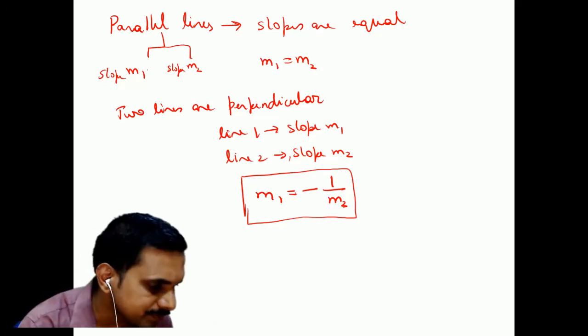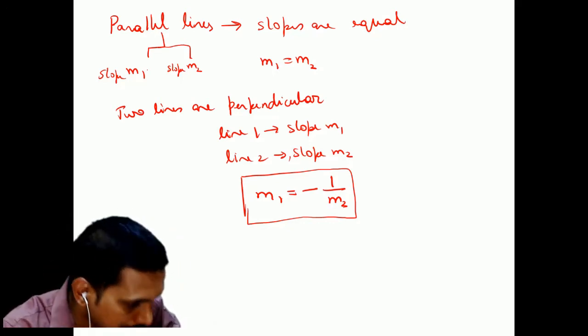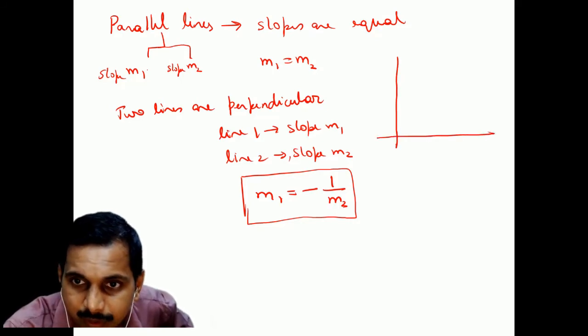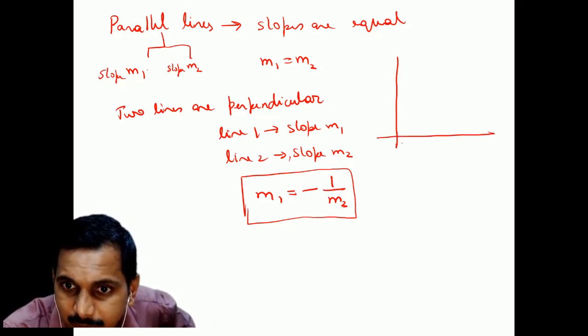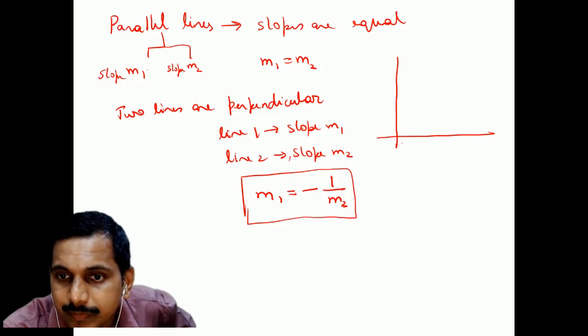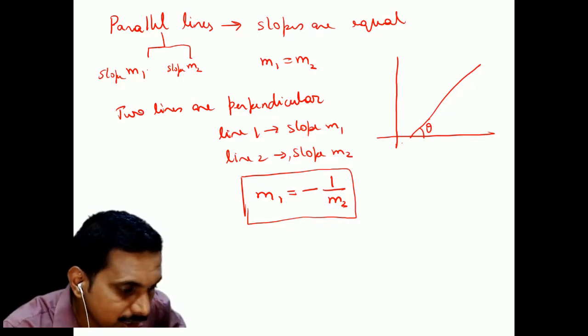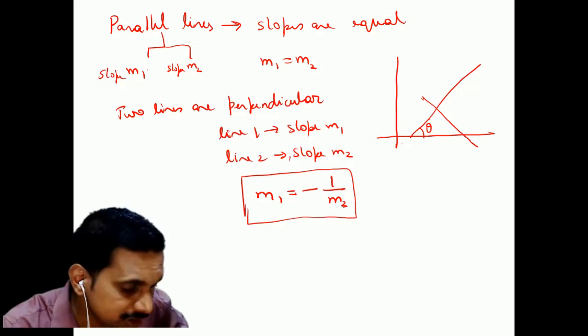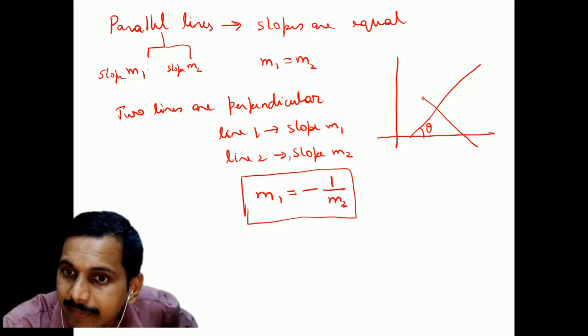Why does this happen? This happens because if I take a line, say a line here like this, which has some slope, a line like this which has a slope, say theta. Now if I consider another line which is perpendicular to this, what slope may it have? It may have a slope tan theta.